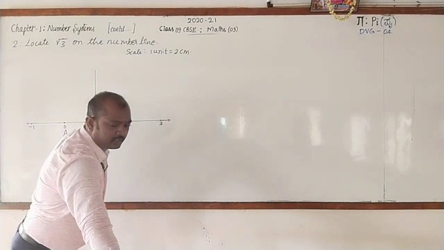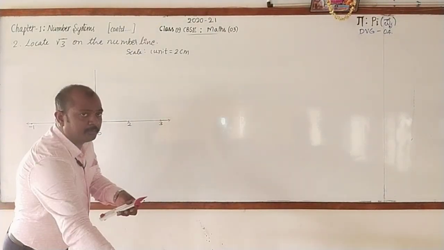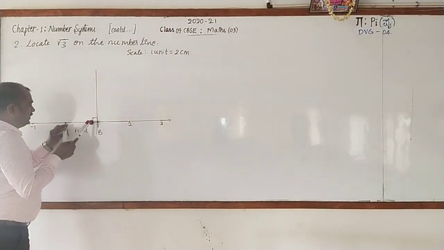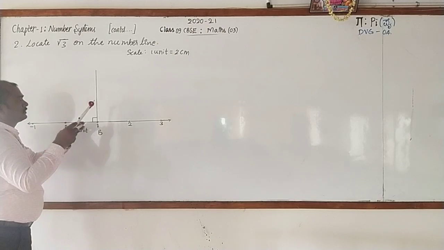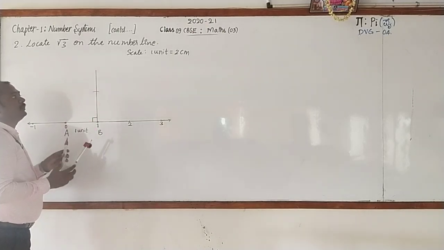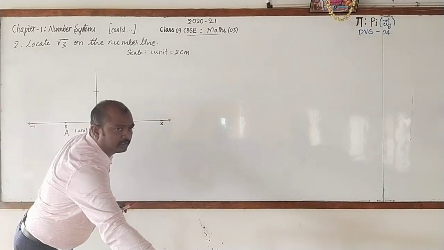Next, take a compass. Take the unit distance, that is AB. With B as center, draw an arc which cuts the perpendicular line at a point.